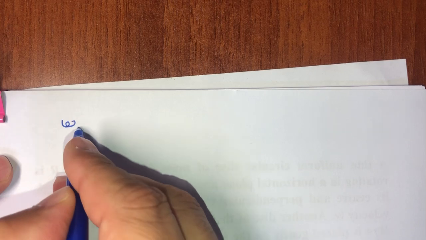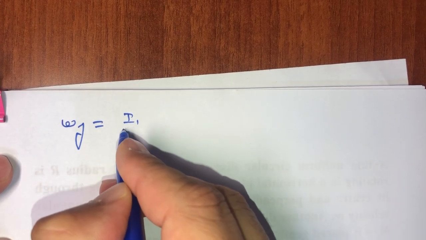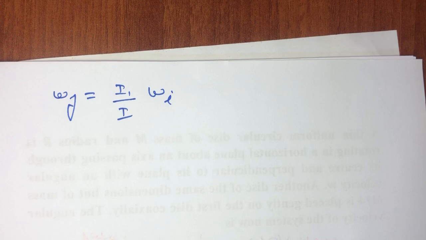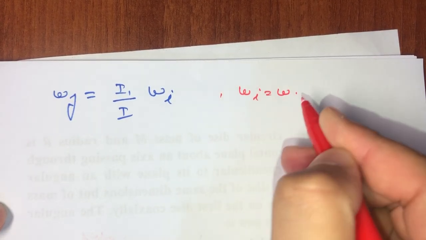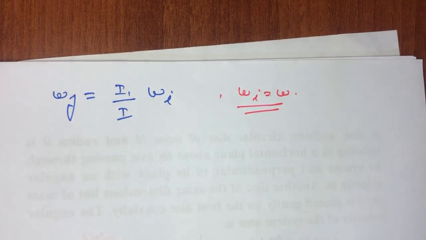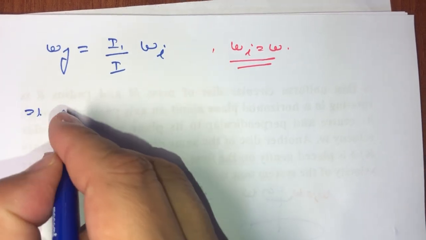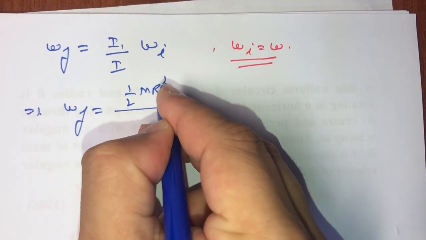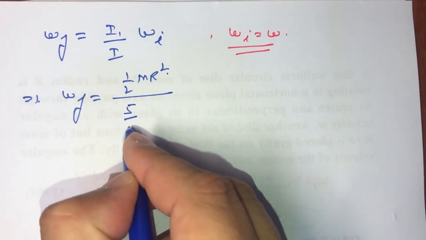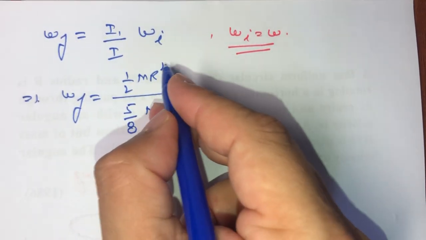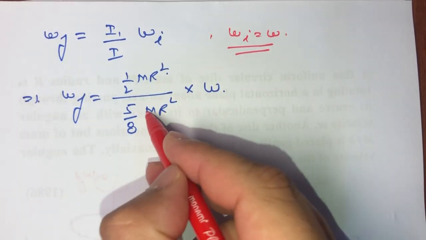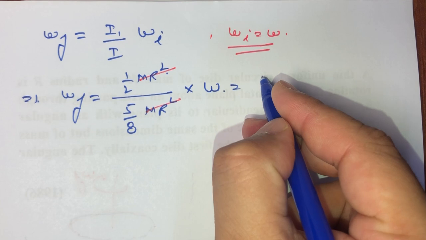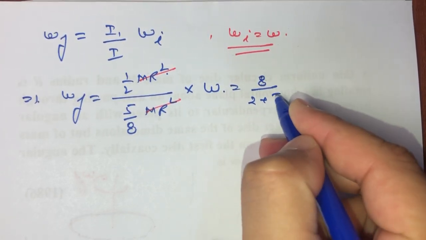We get omega F is equal to I1 divided by I times omega I, and we have assumed that omega I is equal to omega, and we know the values of I1 as well as I. So substitute it here: omega F is equal to I1 was half m r square and I was 5 by 8 m r square multiplied by omega. m r square and m r square cancel out, so this equation comes as 8 upon 2 multiplied by 5 multiplied by omega.